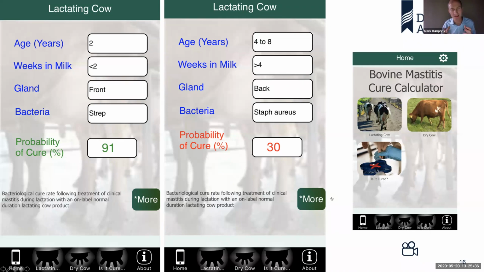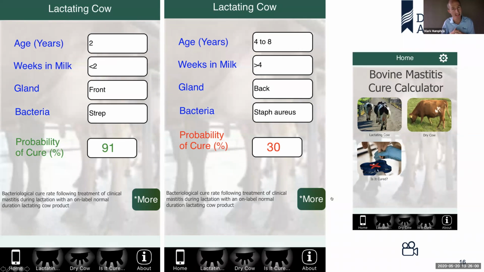So you can see there that this is the helpful tool, but even without the awareness of the type of bacteria, experienced practitioners and experienced farmers inherently have built up experience about what's likely to actually respond to a mastitis cure.